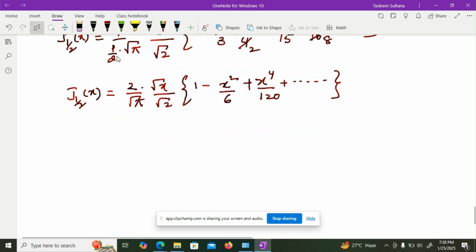Still we can simplify. We have to show that this is a sine series. Here we are left with root 2, and root x in the denominator.